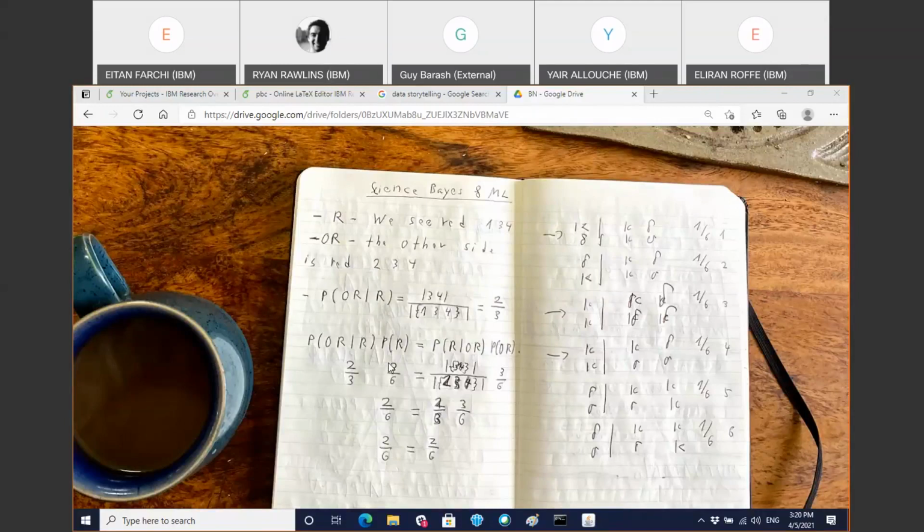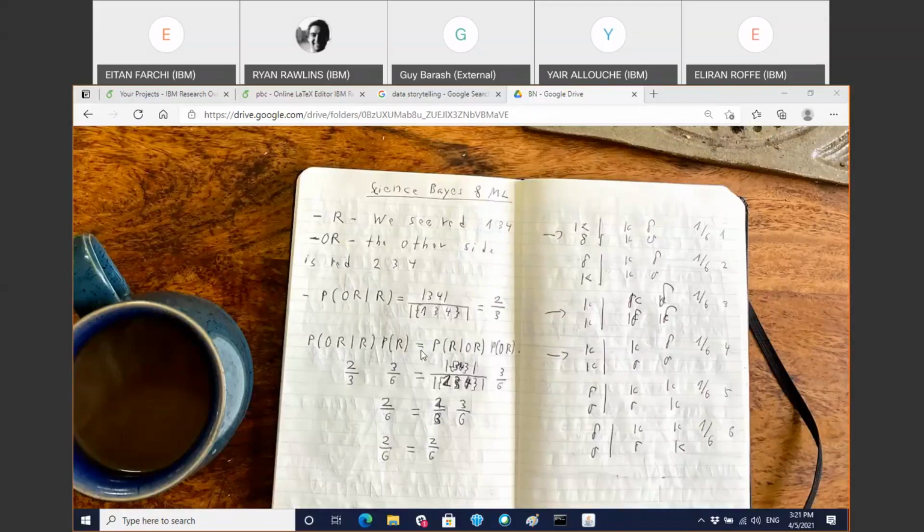So one way of factoring it is to assume that R happened first, and then assuming that R happened, OR happened. And another way is to assume that OR happened, and assuming that OR happened, R. So these are two possible factorizations that both represent the case that both OR happened and R happened, so they represent equality. So that's one way of thinking about the Bayes rule.